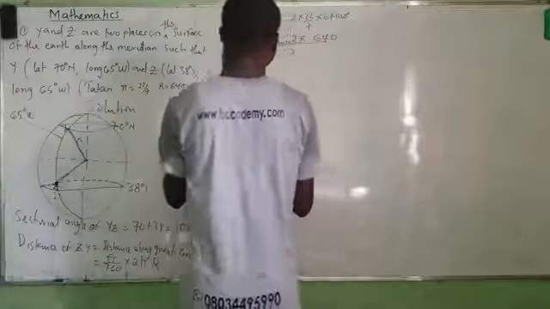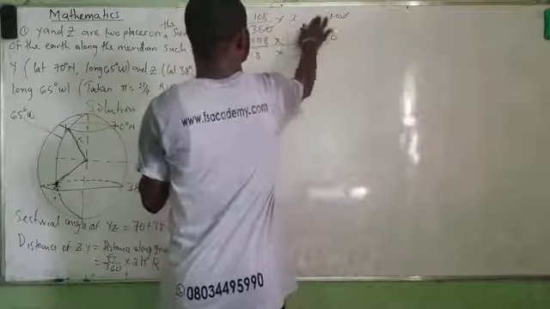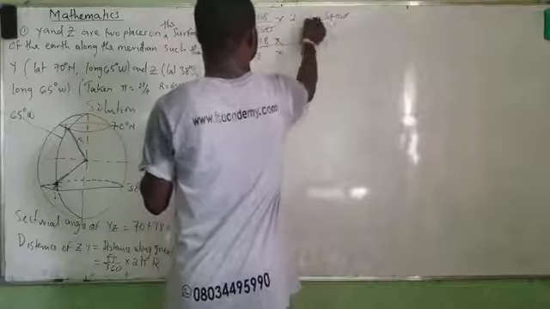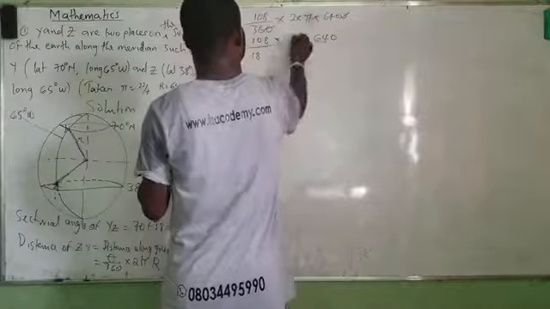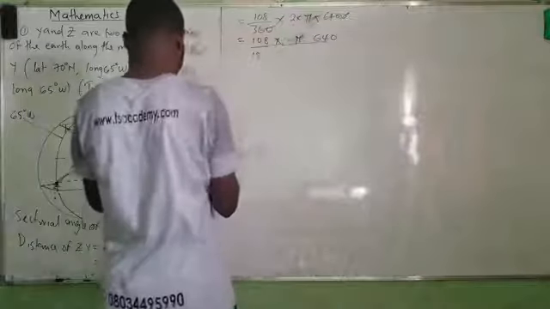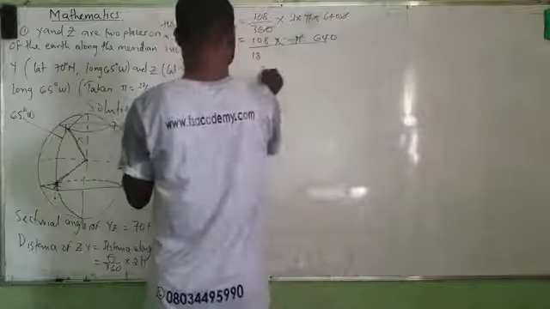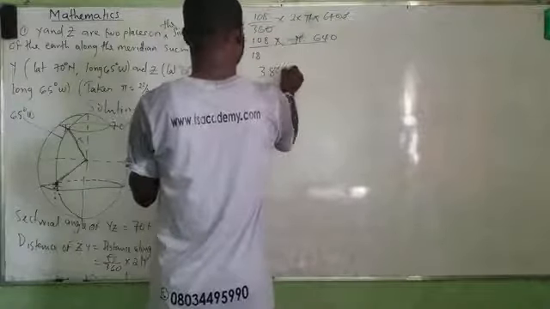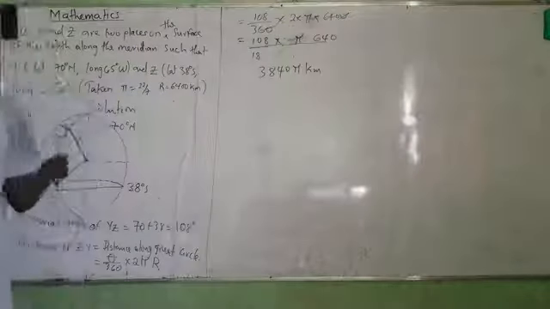I don't need to stress myself, I just need to put pi. It means multiplied by pi. I think I'll be having 3,840 pi kilometers. That is the distance between here.